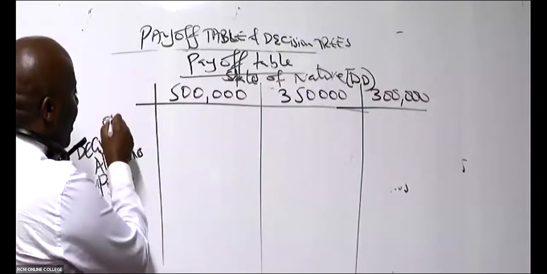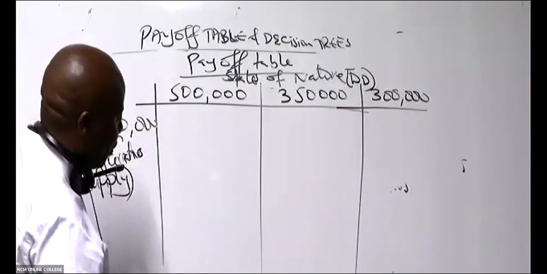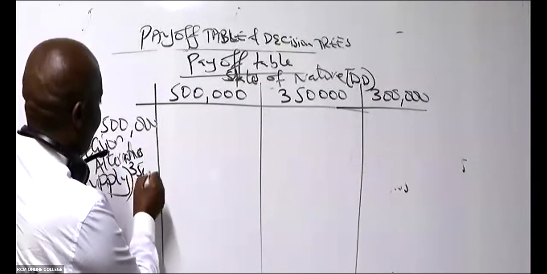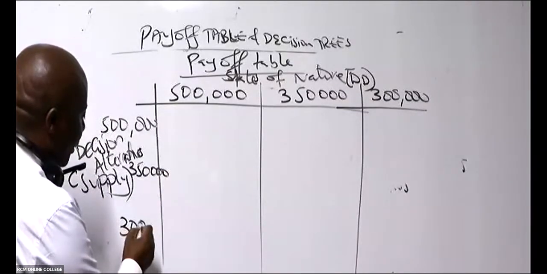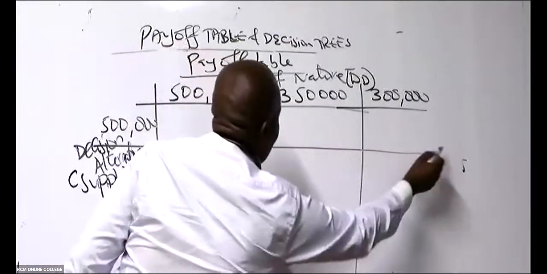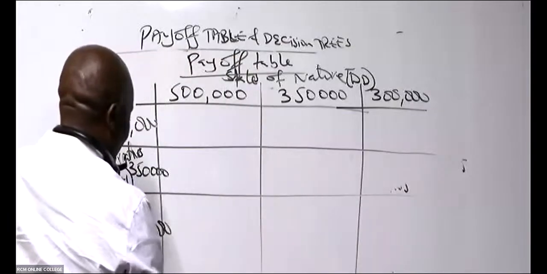So the first supply should have been 500,000. The second one should have been 350,000. And then lastly, we have 300,000. You must match them like that.